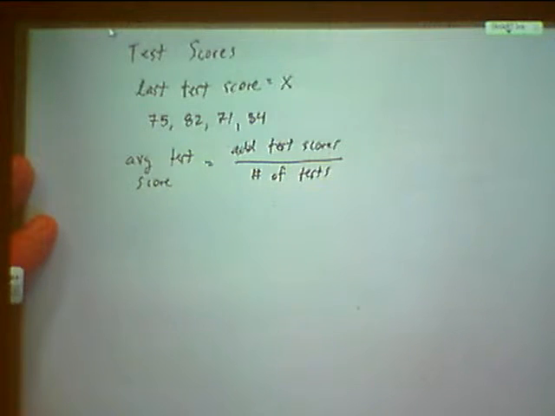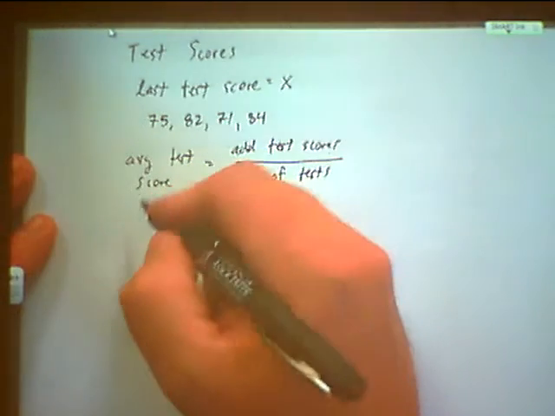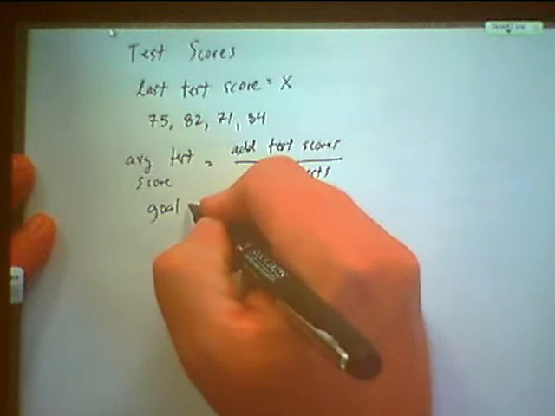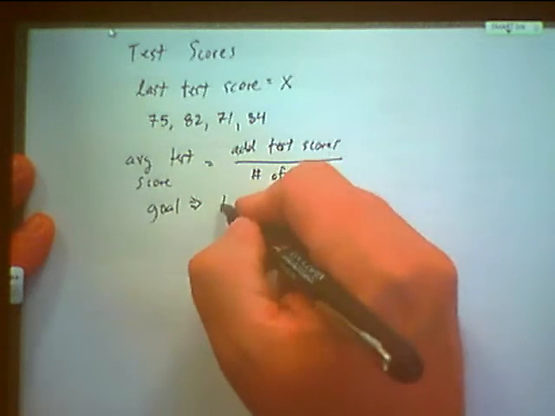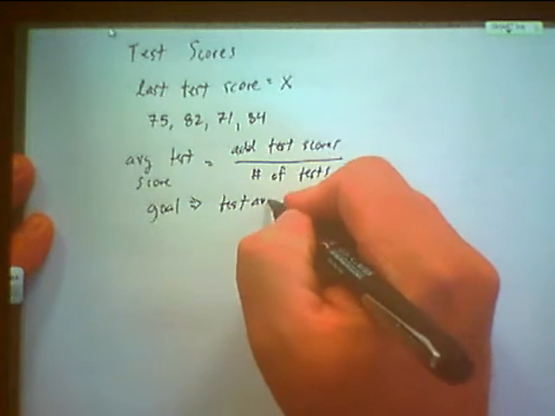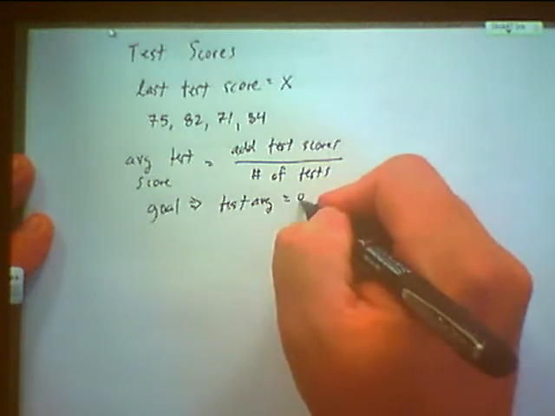However, what we want to say is he's going to take one more test, and after he finishes that test, he wants his overall test average to be 80. So his goal is he wants his test average to equal 80.